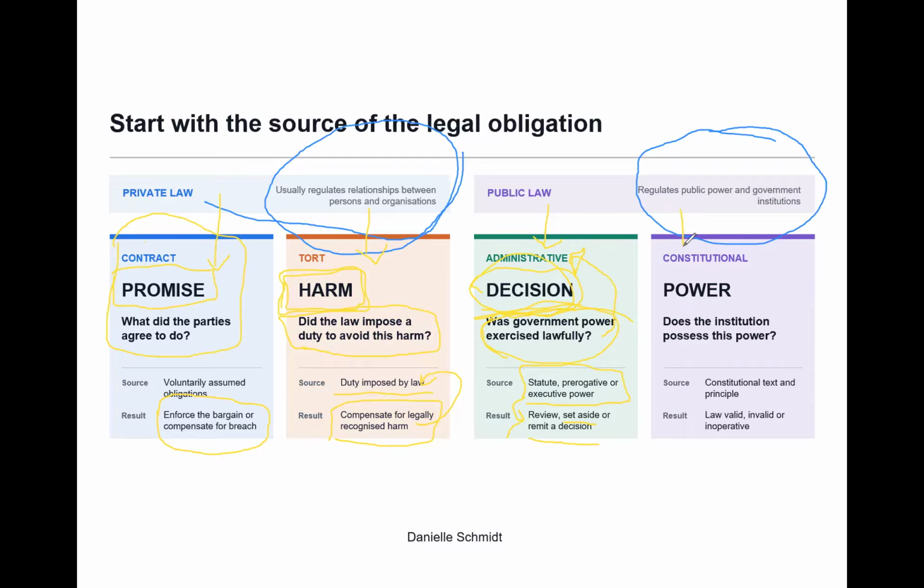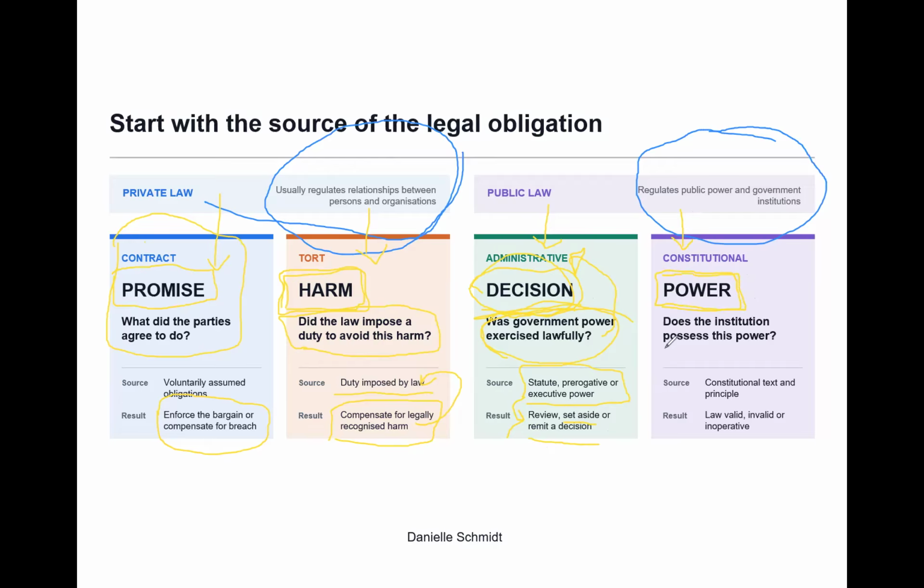Then we also have constitutional law, which is another type of public law. Here we are looking at power. Does the institution possess this power? How would we know that? Does the institution possess the power under the Constitution?